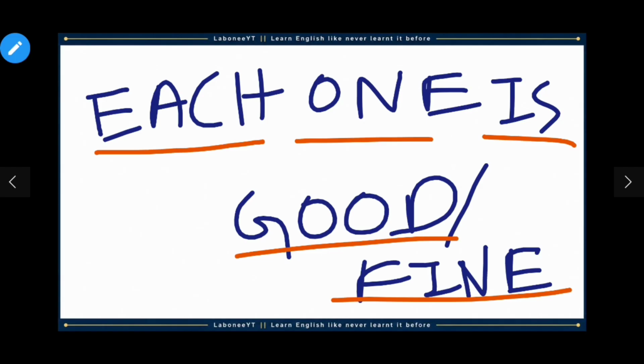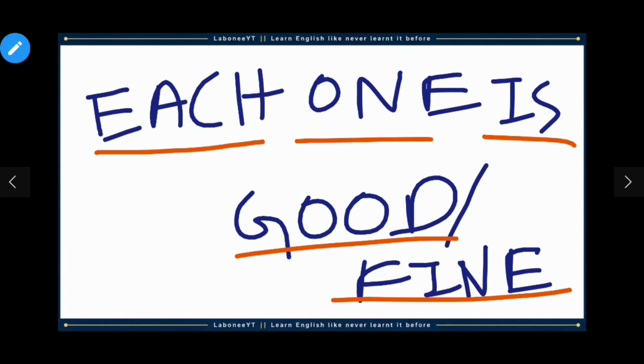Instead of them, we have written each one, which works as a pronoun because we use a pronoun instead of a noun in a sentence. Hence, we have written each one is good or fine, whatever you want to say. And that's why we can say here each one is used as a pronoun in this particular sentence instead of a noun. So if you want to write each as a pronoun, then you have to follow this pattern.